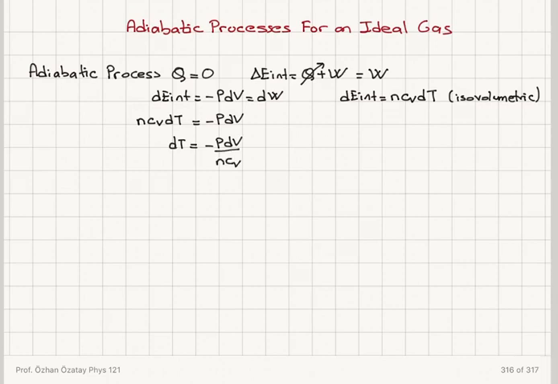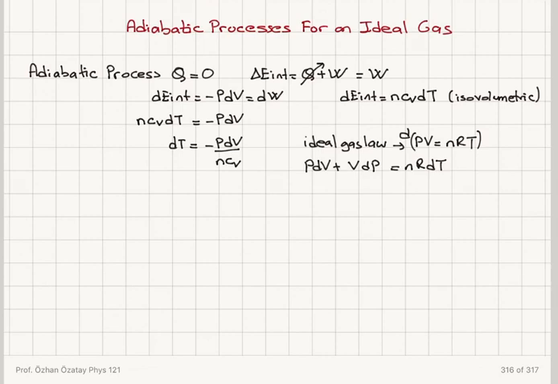nCV. Now, since this is an ideal gas, the ideal gas law applies. So I'm going to have PV is equal to nRT. If I take the differential version of this, P dV plus V dP is equal to nR dT, because I'm not changing the number of moles of gas.